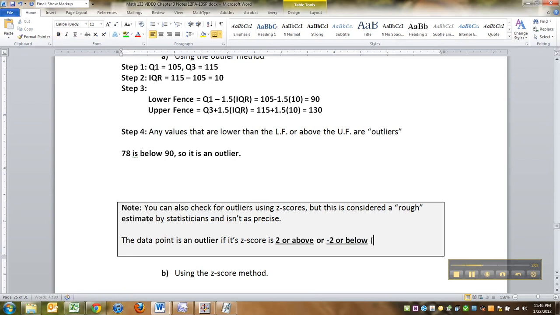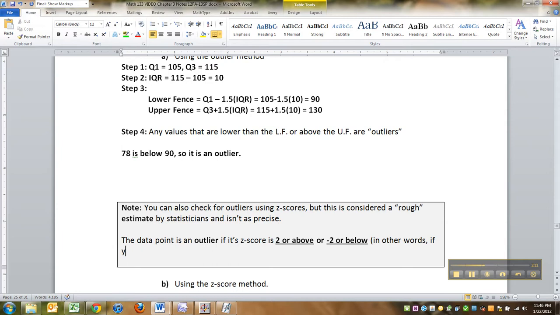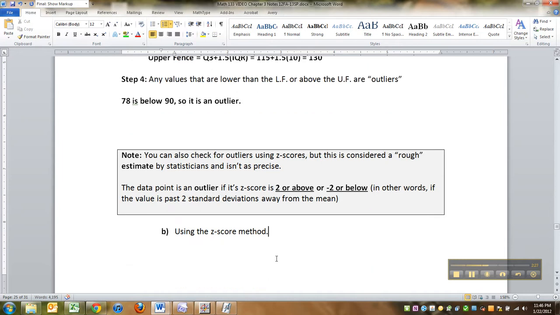In other words, if the score or the value is past 2 standard deviations away from the mean. Now this is not really very precise, mainly because the mean and the standard deviation are not resistant to said outlier. So if there is an outlier, then the mean and standard deviation are affected by that, but the median and the IQR are not. So this isn't a great method, but it gives you kind of a quick rule of thumb.